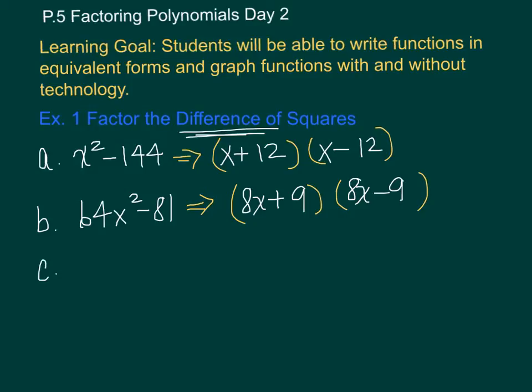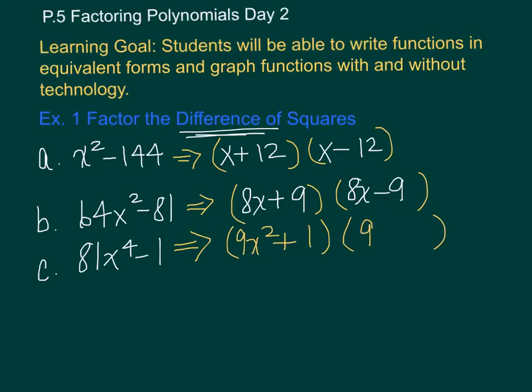And then C, 81x to the fourth minus 1. So you square root both terms. You have 9x squared plus 1 and 9x squared minus 1. If you're going to notice, this is also a difference of squares.